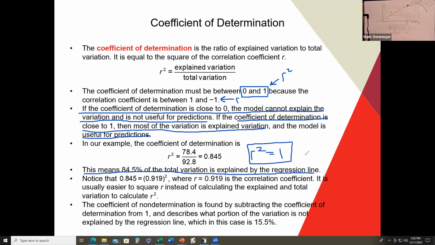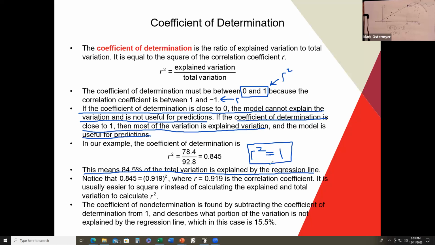So by using R and R squared, R can tell us what type of linear relationship we have, whether it's a direct or inverse. R squared gives us an indication as to the strength of that linear relationship. R can also do that too.